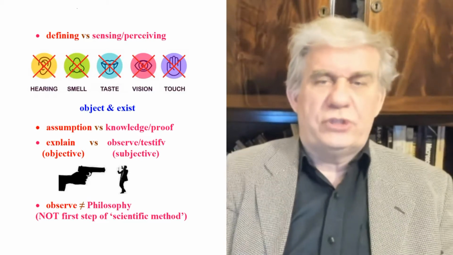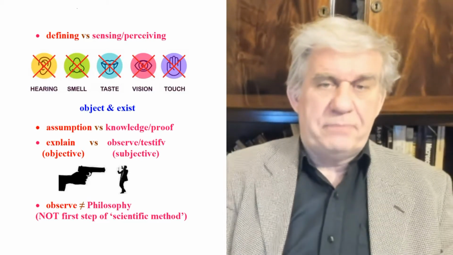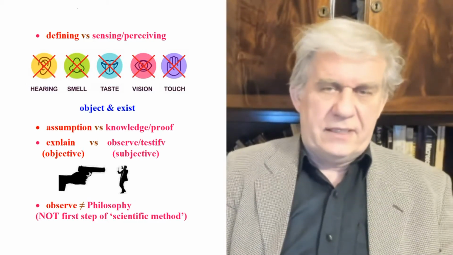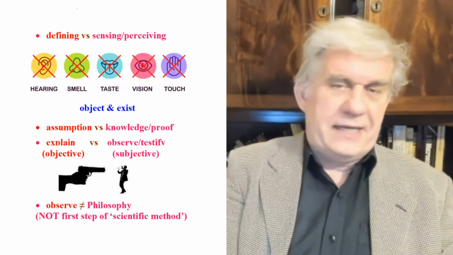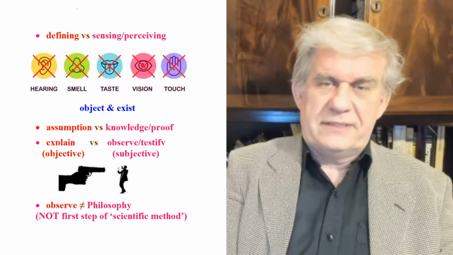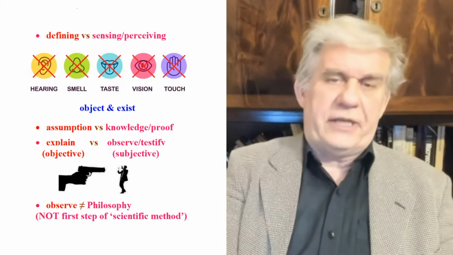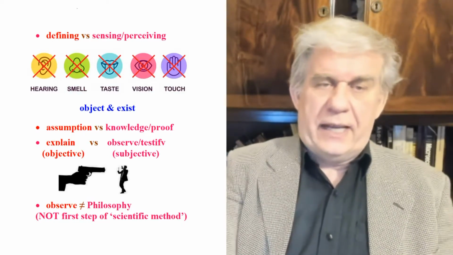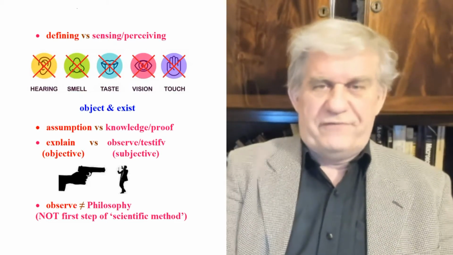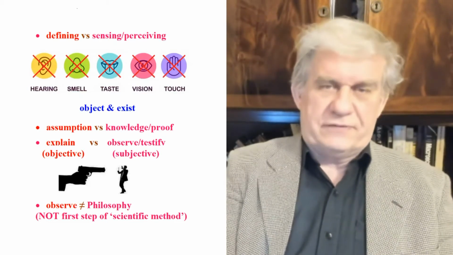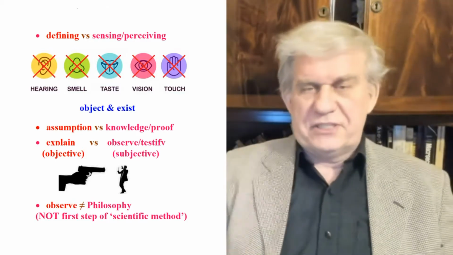People have this notion that everything needs to be perceived, sensed, especially with the senses, right? And that's not the case. What that does is introduce subjectivity, okay? And specifically in the two important words of physics that form the foundations of physics, and that's object and exist.